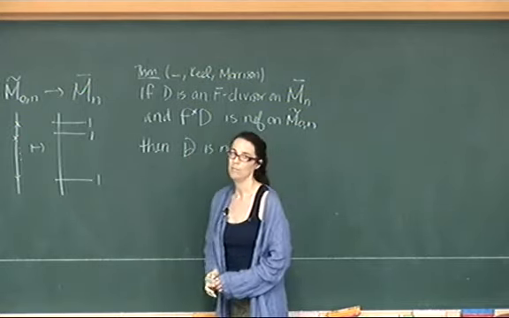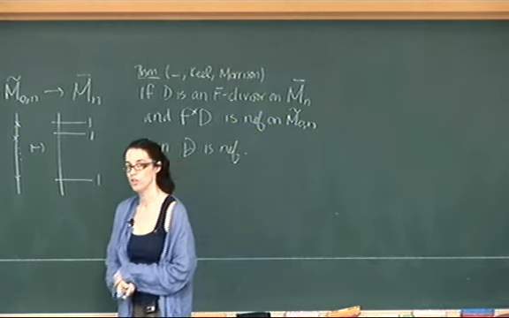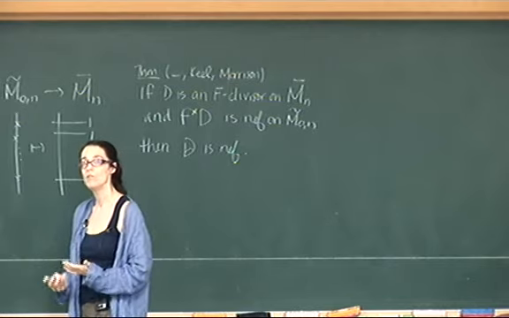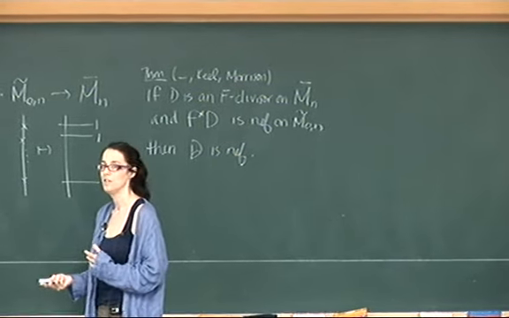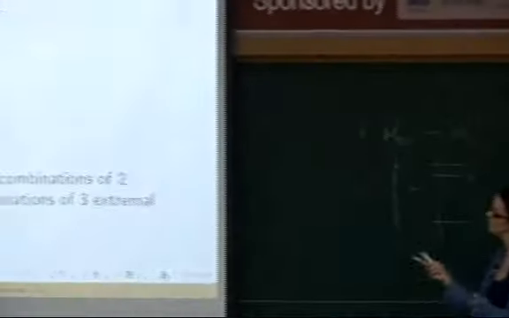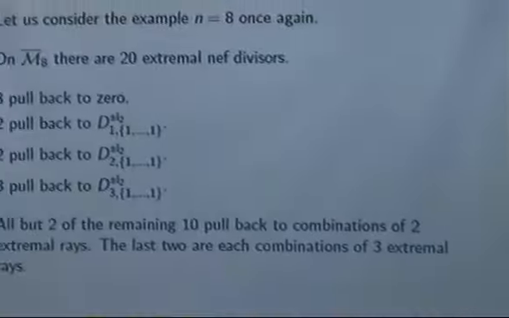So these conformal block divisors, which we know are nef on M0N bar, can give us a tool for identifying nef divisors on the moduli space of higher genus curves. And we can see that here.